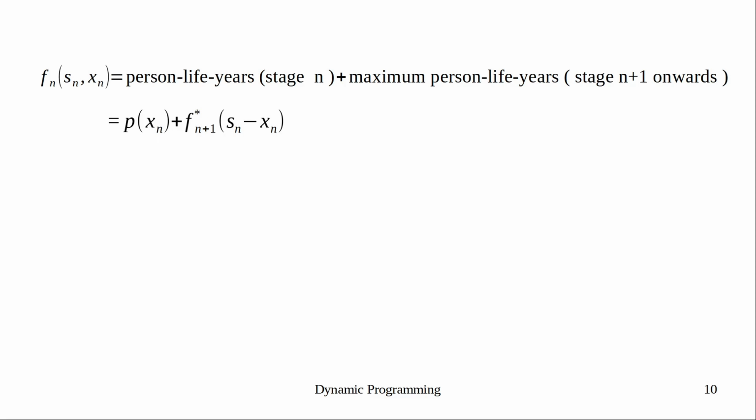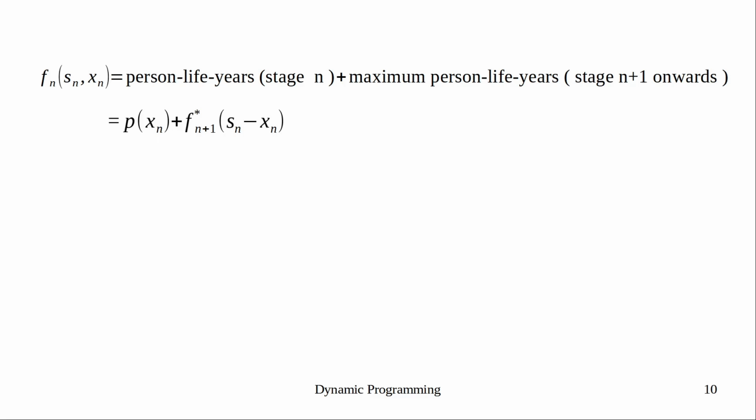Now this is going to be equal to the person life years at stage n. Supposing you have allocated 1 team, then how much person life years you are going to get out of allocating 1 team, plus the maximum person life years from stage n plus 1. That is Sn minus Xn.